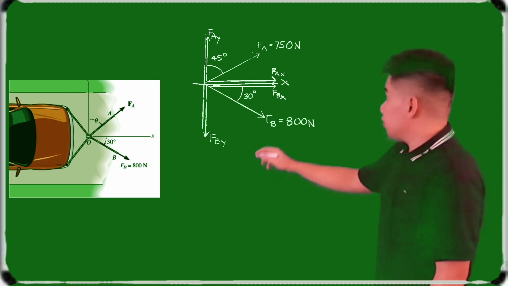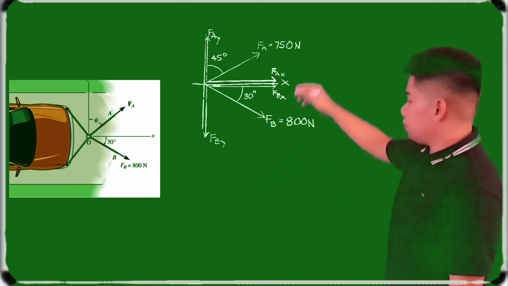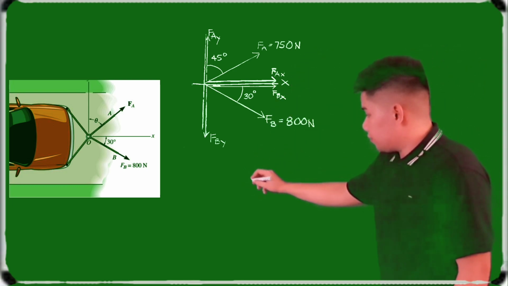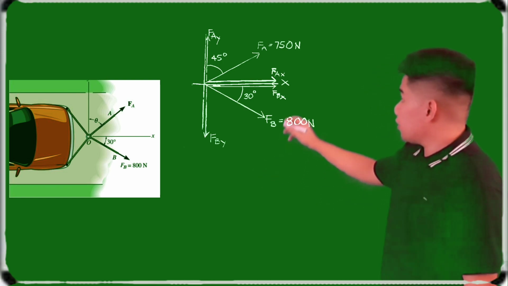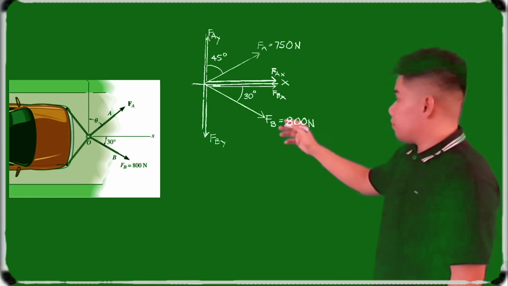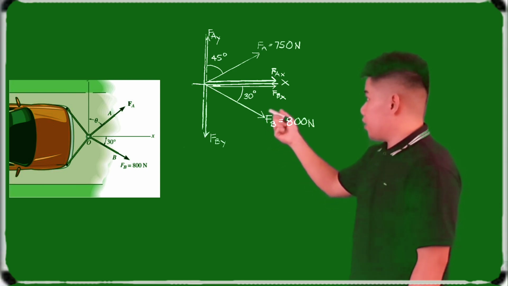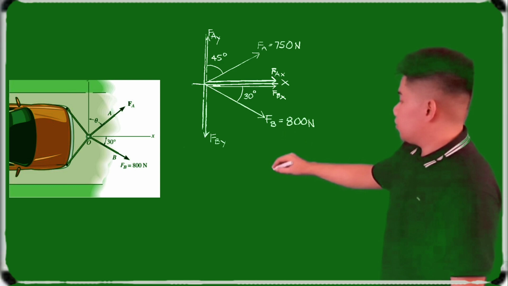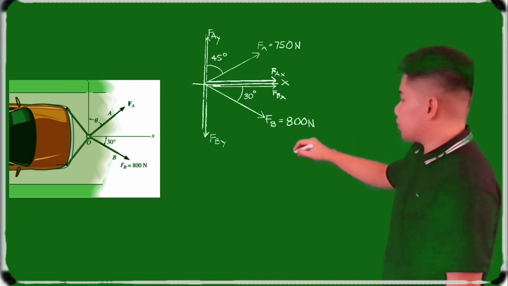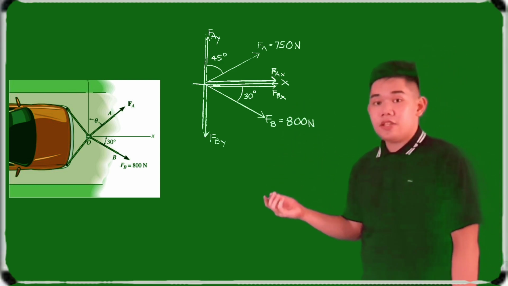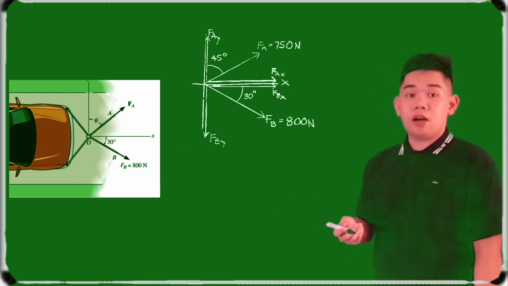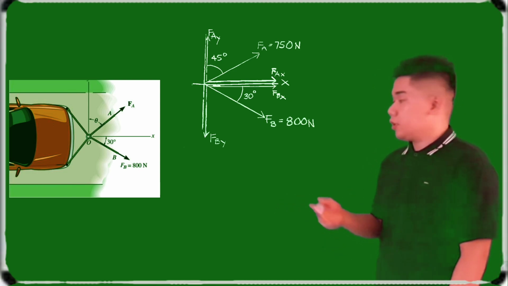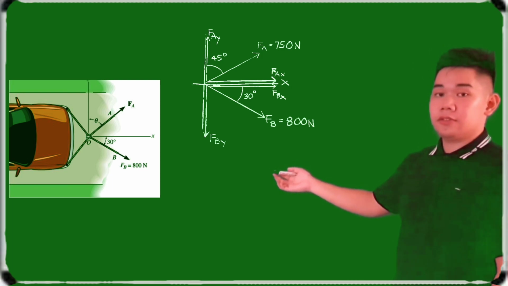So we have first our 750 Newton times the sine of 45 degrees. In this problem, we may wonder how we get sine.